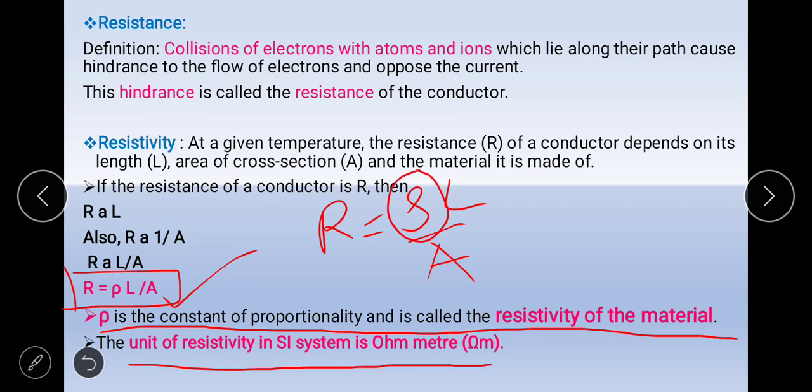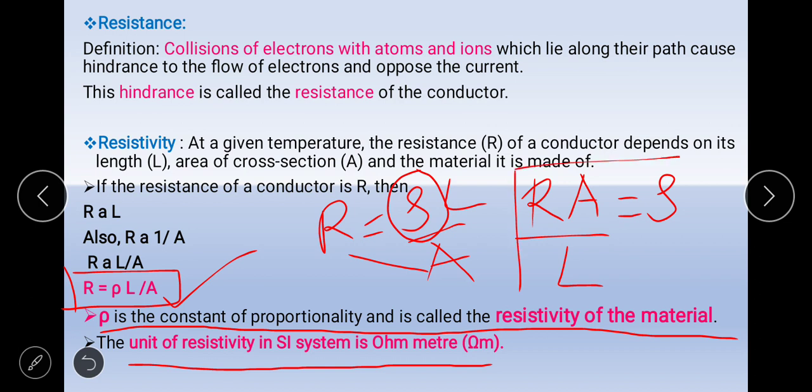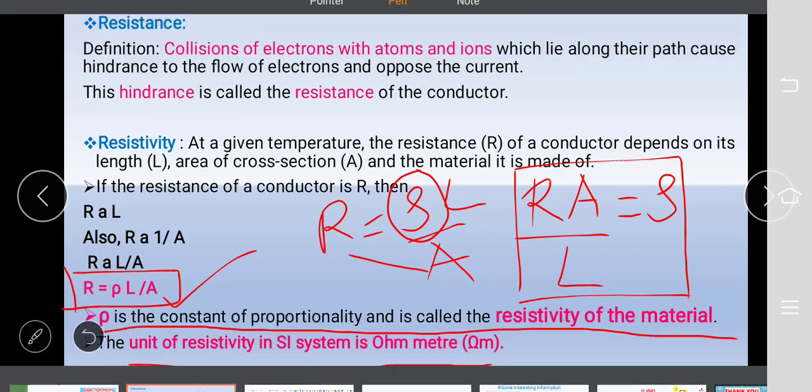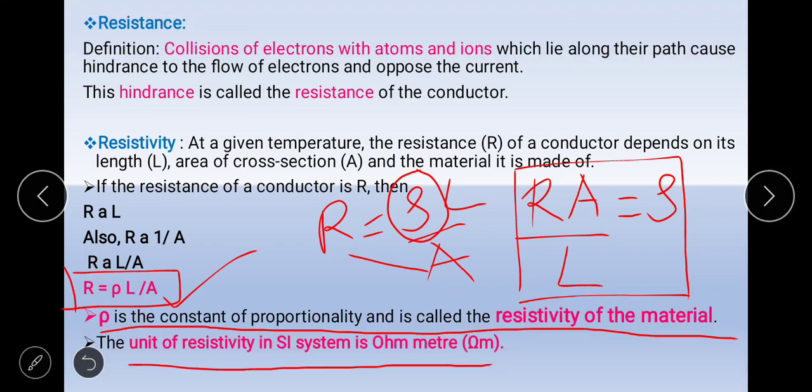When we rearrange, you multiply by A, so R into A will be equal to rho into L, correct? Now taking this L to the denominator, my formula for rho becomes rho is equal to RA by L. Now I know the unit for R, ohm.